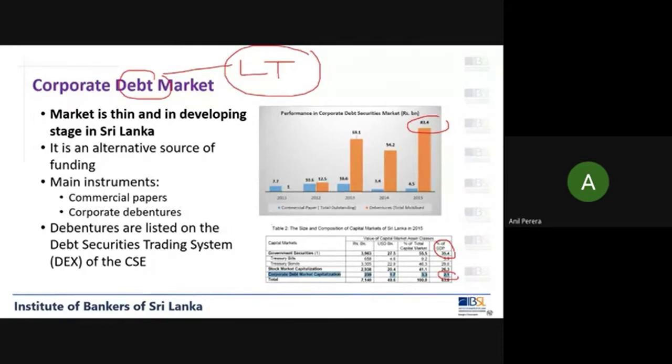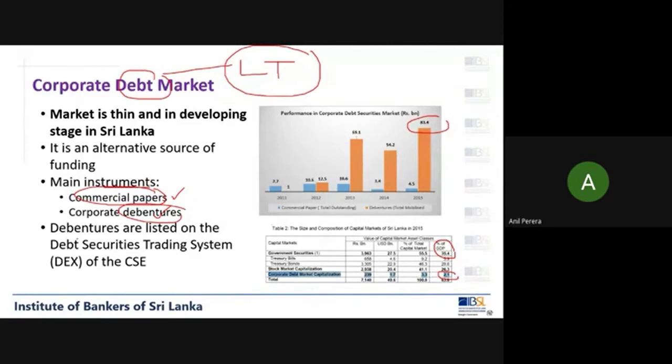And the main instruments used in Sri Lanka are commercial papers and corporate debentures. Corporate debentures means those issued by well-established or listed companies. Commercial papers are traded among big entities, right? Debentures are traded in the stock markets actually. You cannot issue debentures without going through the stock market.